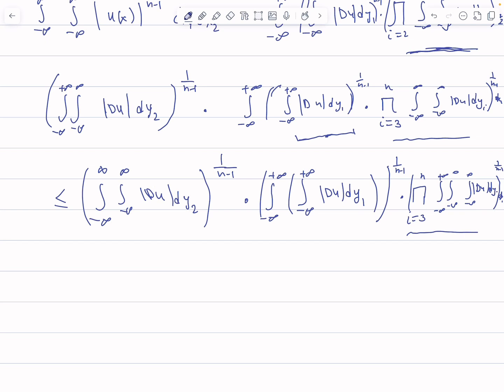For example, for taking the integral with respect to x3, we have one triple integral, this one will be a triple integral, this one also triple, and here there will be four-component integrals. Immediately I can write this third case, u(x) to the power n over n minus 1, dx1 dx2 dx3.